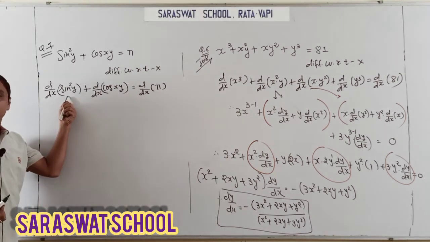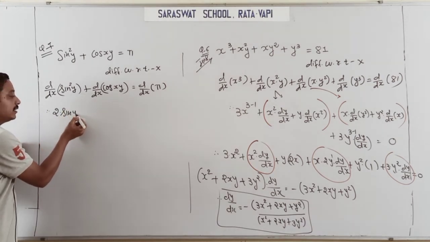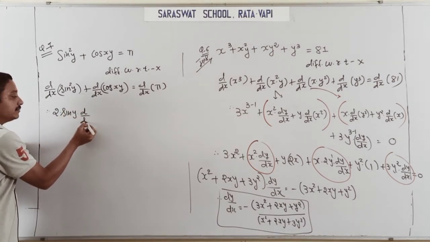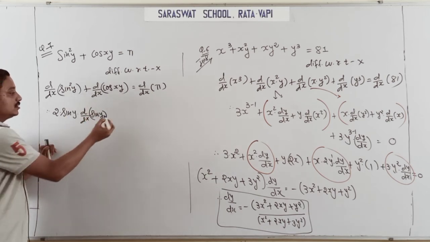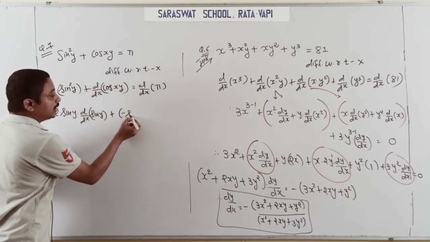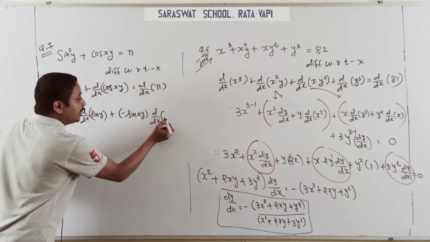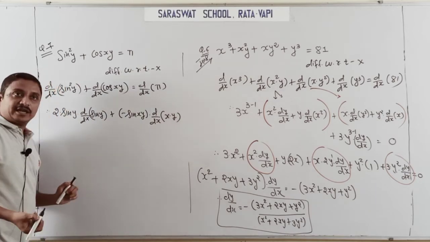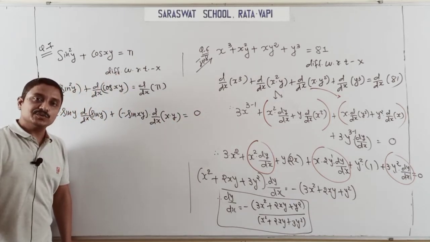Now what is the sin square y derivative? Yes, 2 sin y. Now sin y derivative is pending, d by dx of sin y. Here the cos y derivative, minus sin into the derivative pending for the function xy, and pi is a constant, so its derivative is 0.